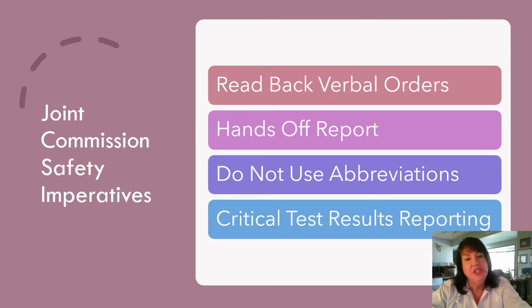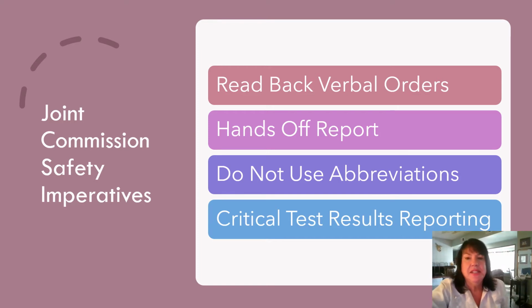The Joint Commission safety imperatives, this applies to adults, but it also is, again, extremely important. We're not going to forget this when we are pediatric nurses and caring for children. So we read back all verbal orders. We don't just take verbal orders from a physician anymore. We will read back to him what he has told us.